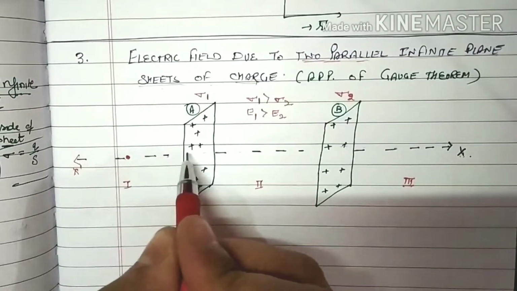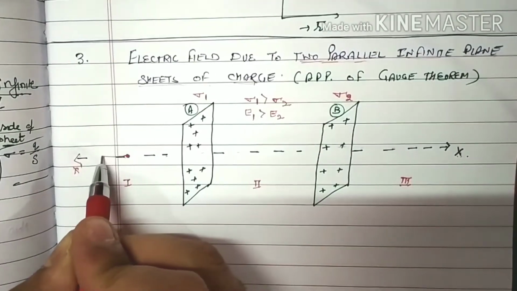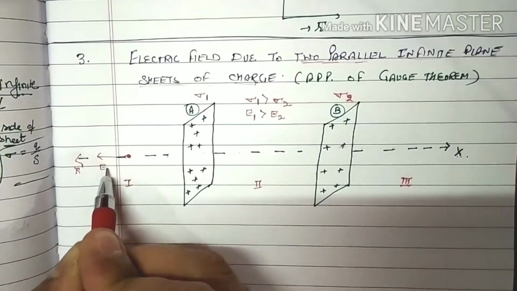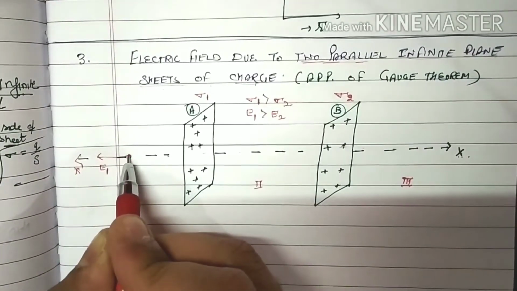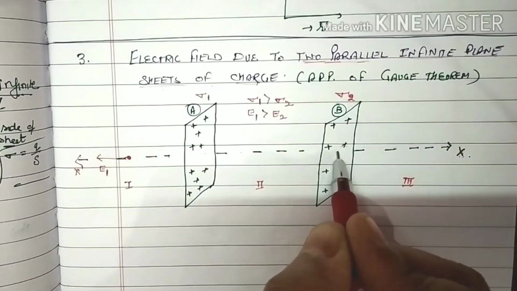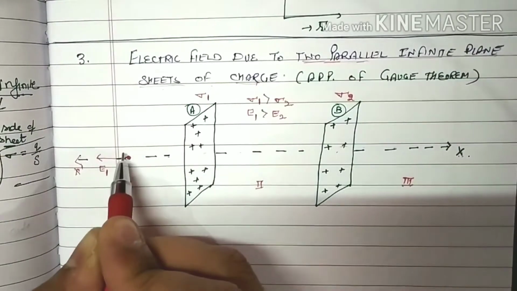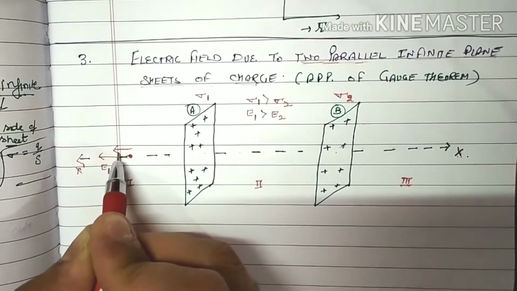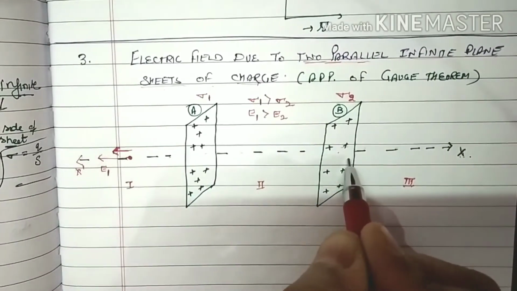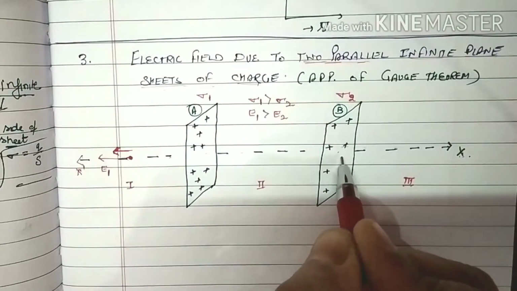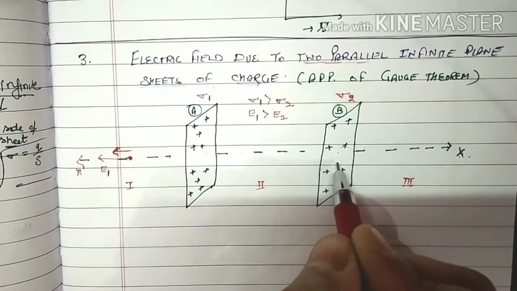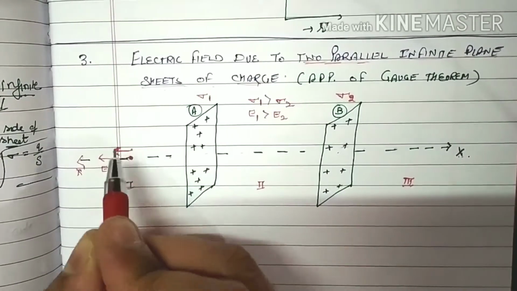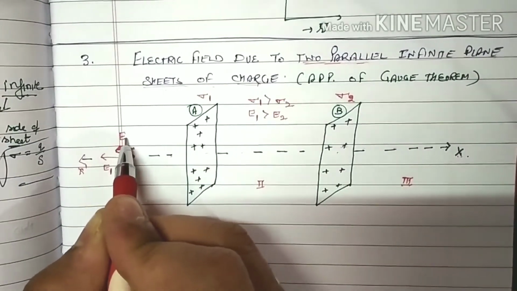Here the direction of the electric field due to plate A is toward this side, E1, and due to plate B also this side, but of less magnitude, because it lies far away from plate A and has less charge since sigma 2 is less. That is represented with a small arrow. This is E2.